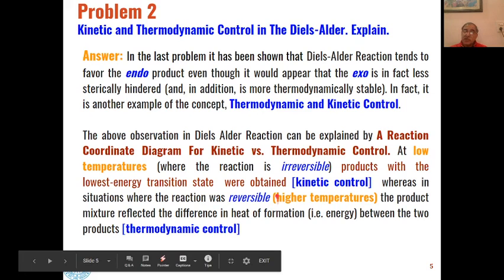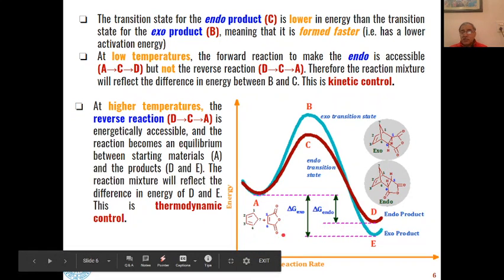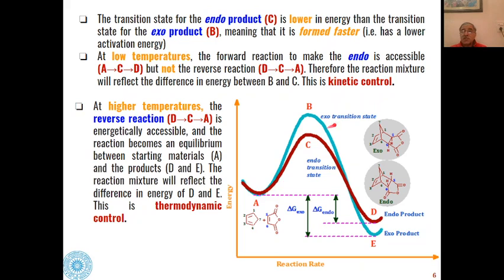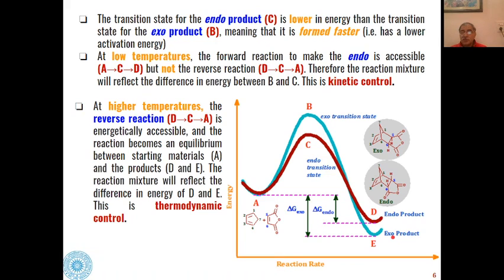Whereas where reactions are reversible, that is at high temperature, the product mixture reflects the difference in the heat of formation or energy between the two products, that is thermodynamic control. For example, if we take the previous case only, cyclopentadiene reacts with maleic anhydride, and we study the transition states for both exo transition state as well as endo transition state for the formation of endo product or exo product.